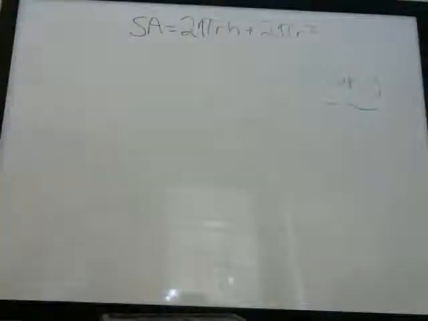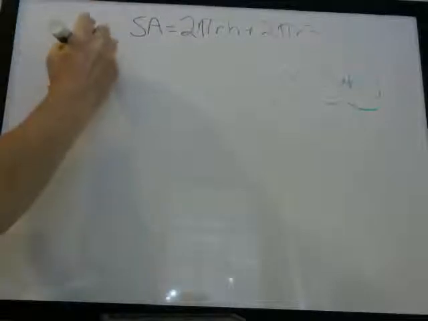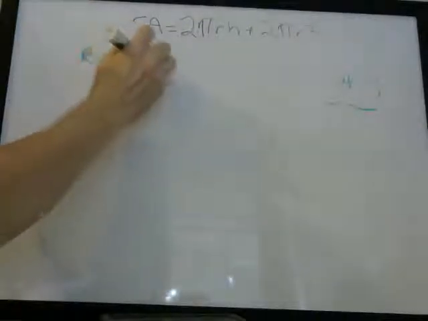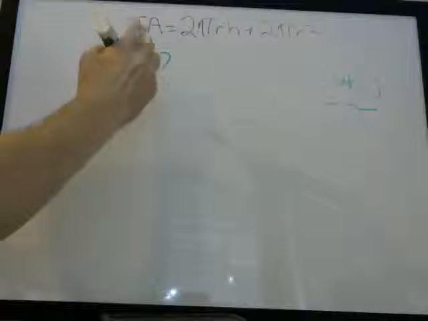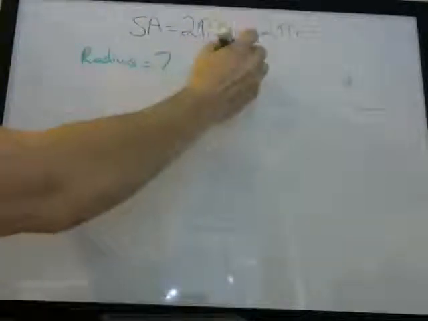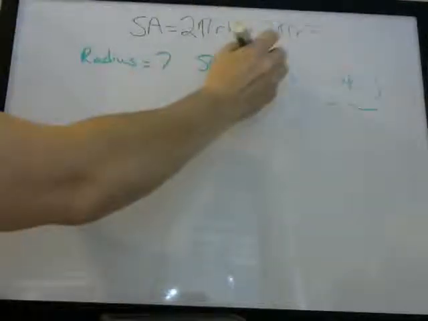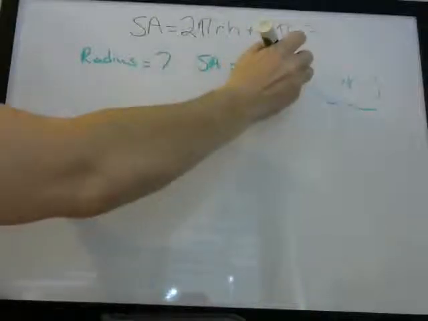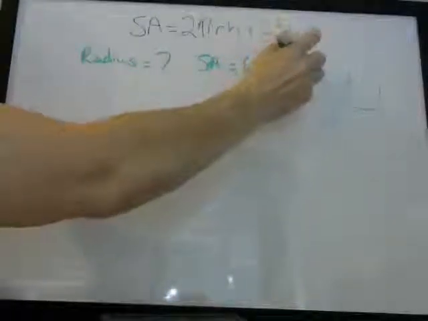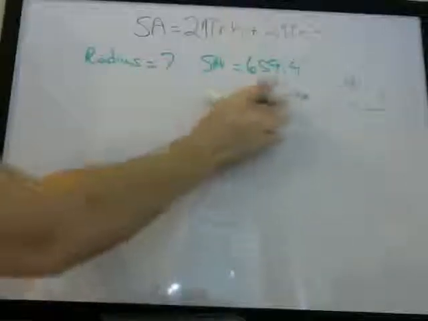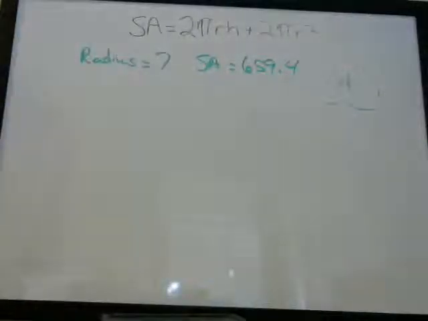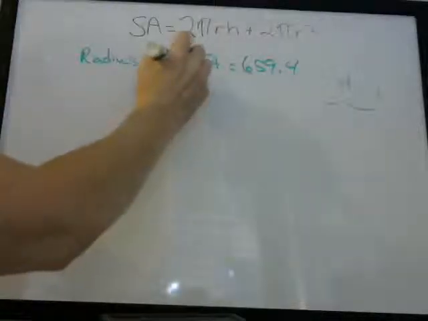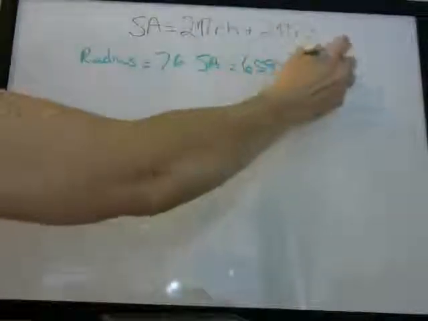Okay, so let's say the radius is 7, the surface area is 659.4, and we'll say that this is in feet squared.